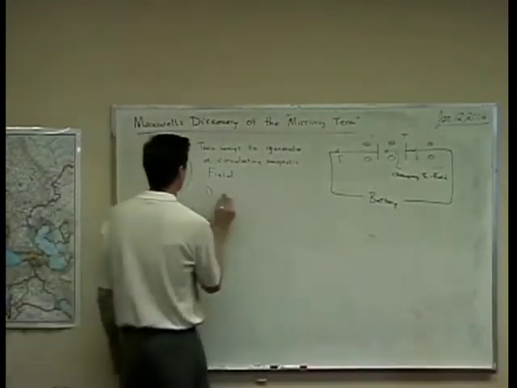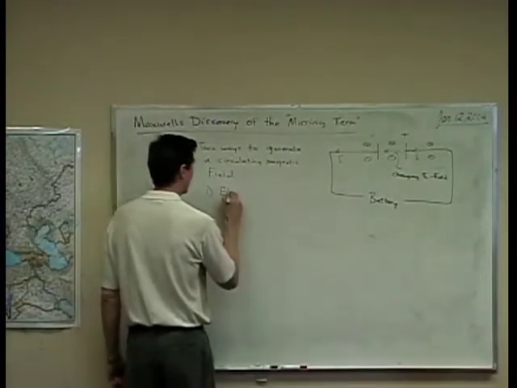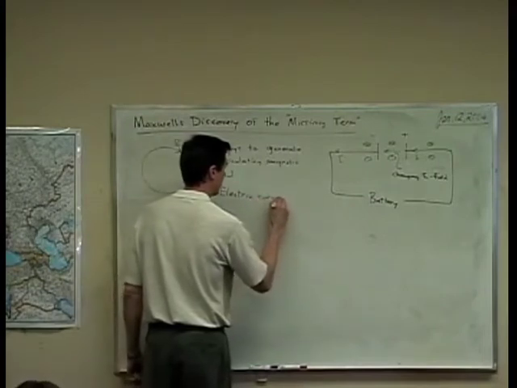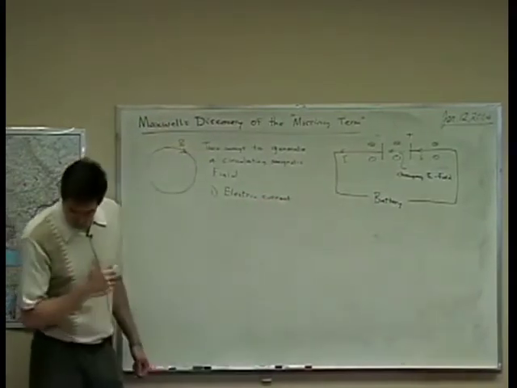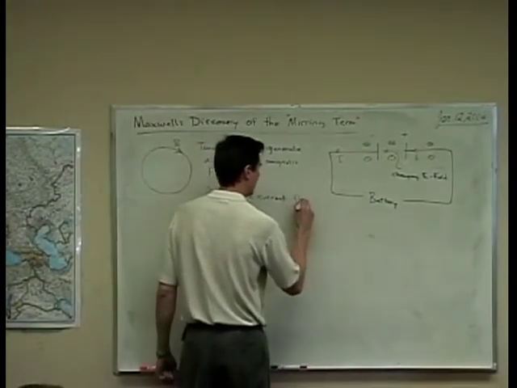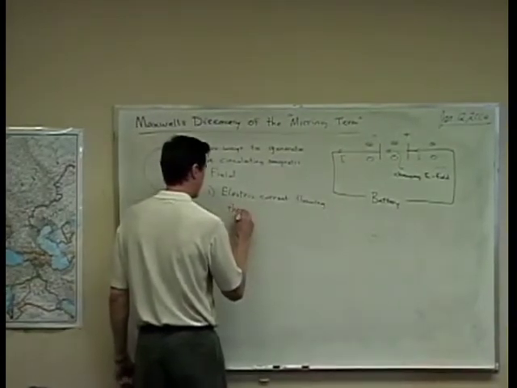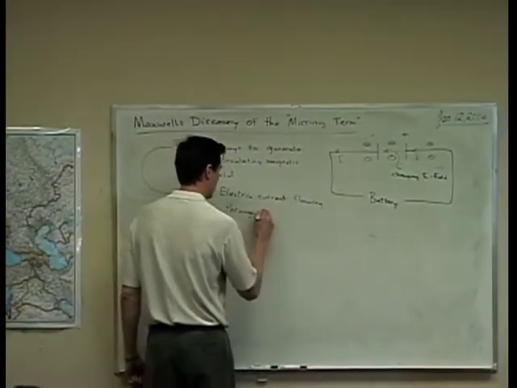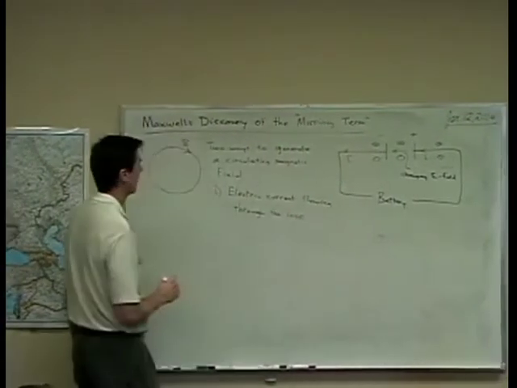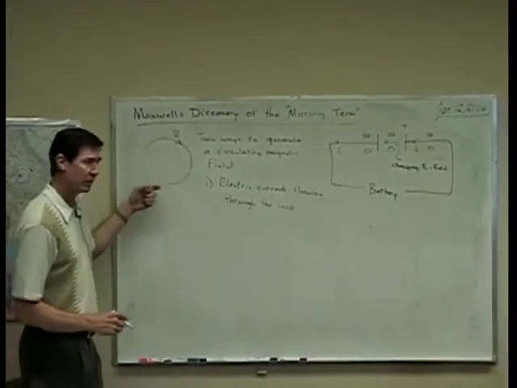So electric current flowing through the loop is one way to generate the circular B field.